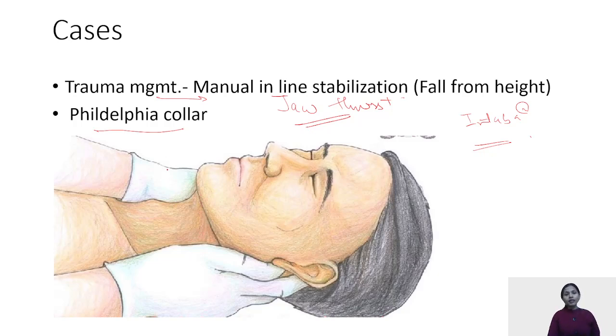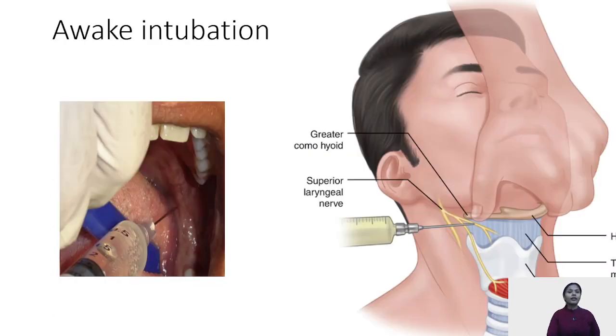You can see in this picture the manual inline stabilization the doctor is giving, in which the thumb is on the mastoid, and you are keeping the neck straight without any extension or flexion. This is manual inline stabilization, or the application of a Philadelphia collar is done.